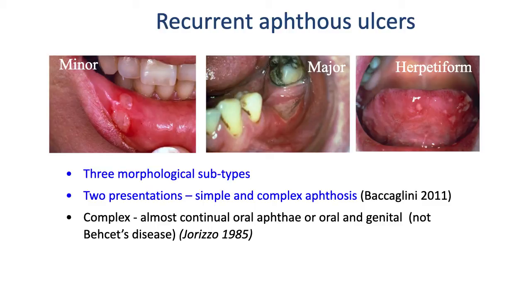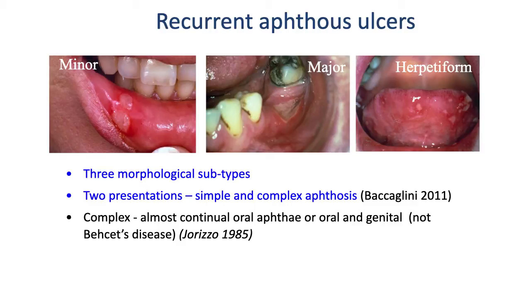They're often quite angular, as shown in this picture. And then there are the herpetiform ulcers, which are a rare subgroup, often occurring later. Minor in the first decade, major second decade, and herpetiform often third decade. There are two presentations.